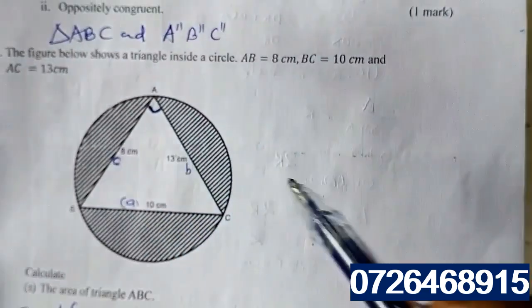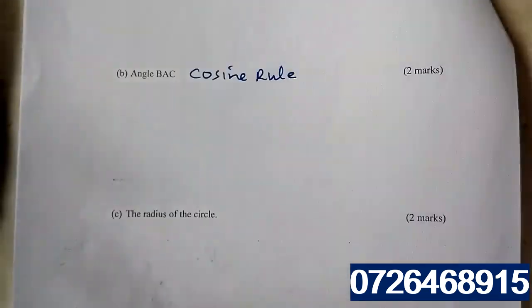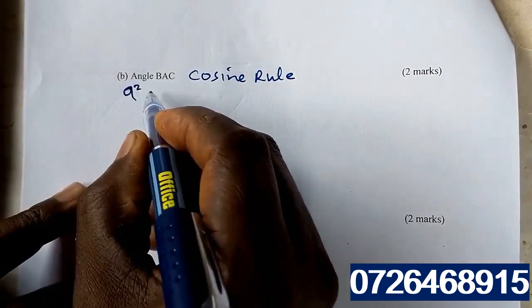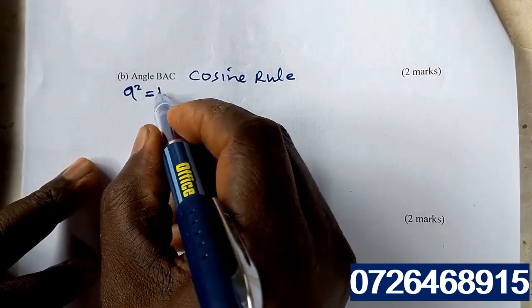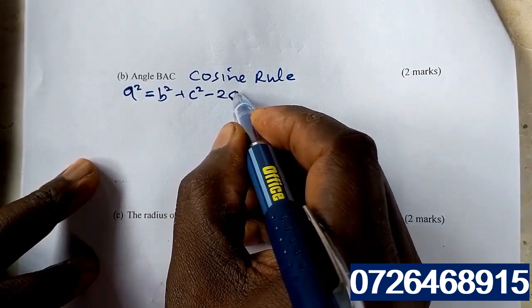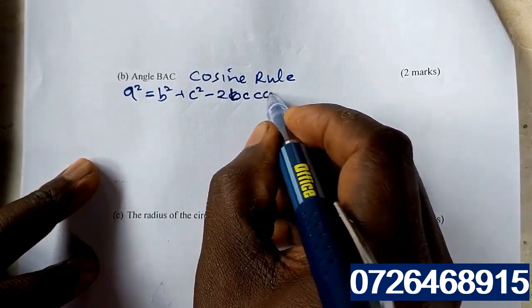I hope you know how the cosine rule states. So because we need A, we are going to start by saying that A square is equal to B square plus C square minus 2BC cos A.